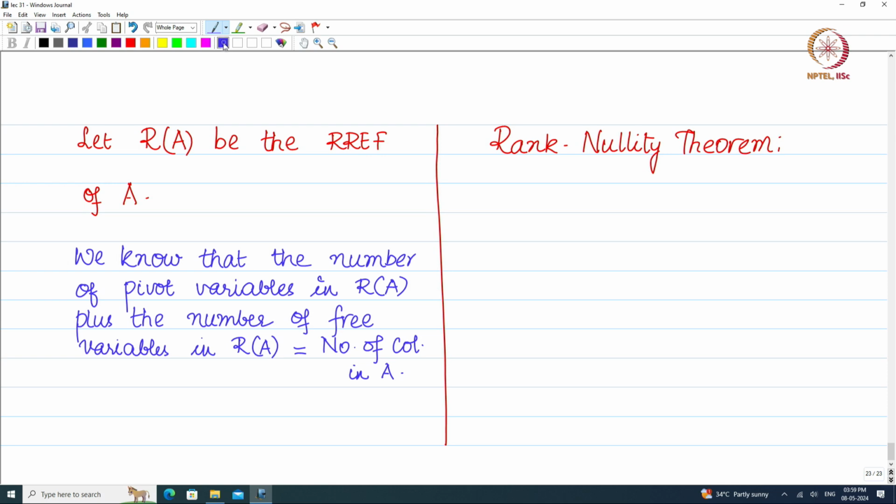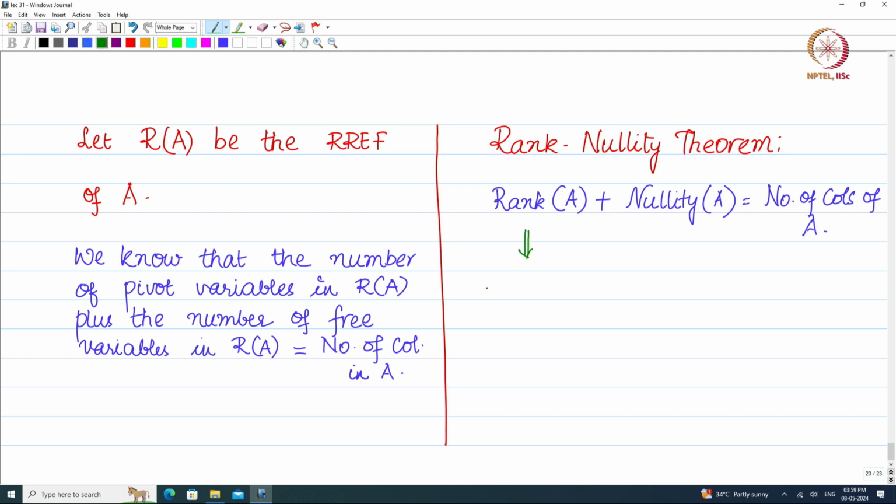What it says is rank of A plus nullity of A is equal to number of columns of A. Right, rank of A plus nullity of A is equal to number of columns of A, which is exactly what we saw here.